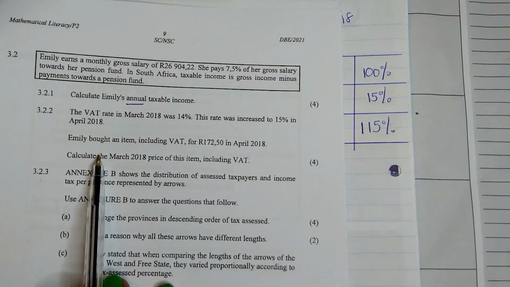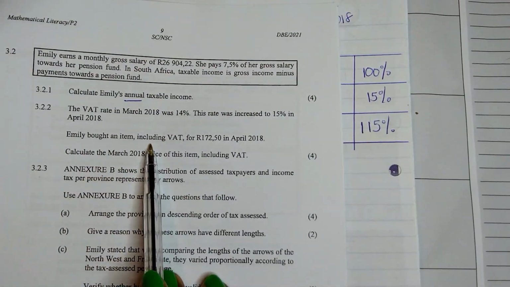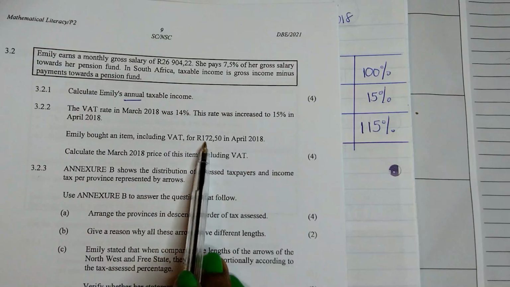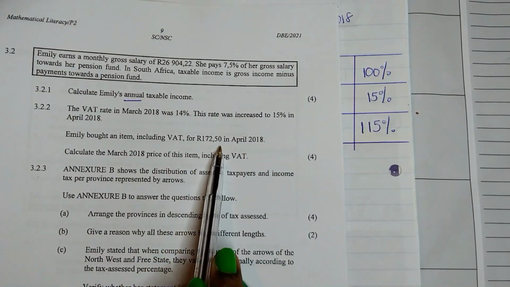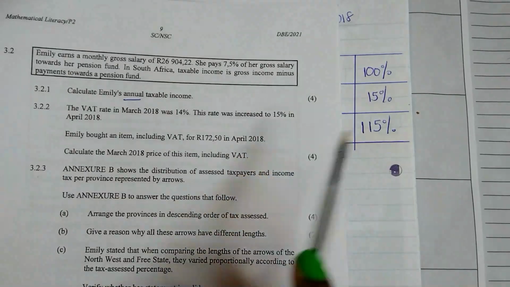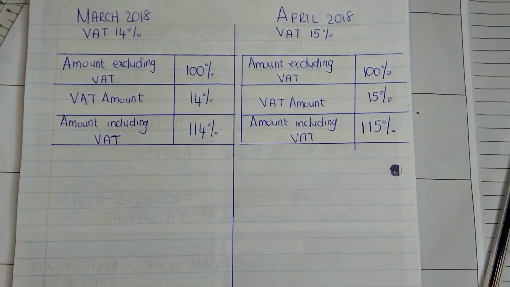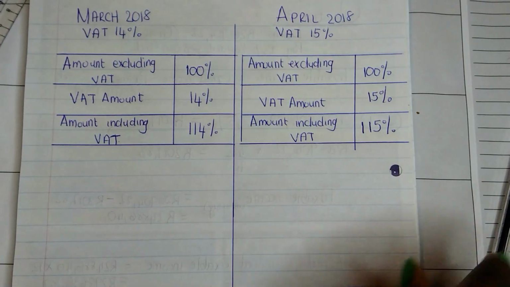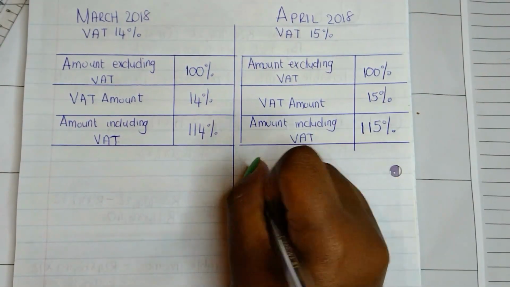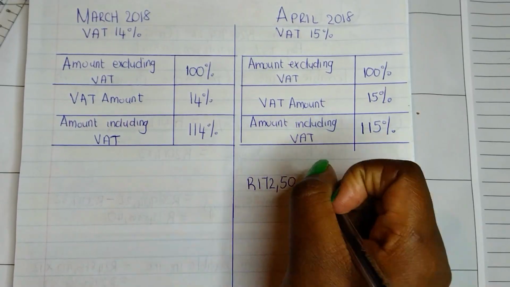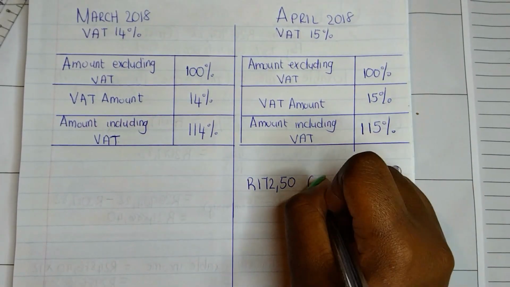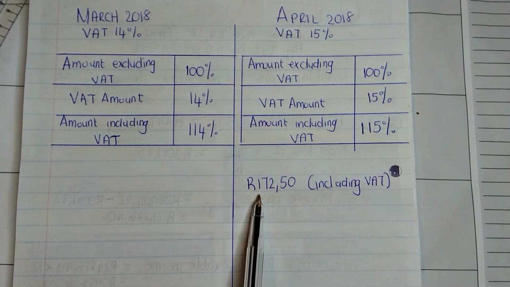We are told that Emily bought an item including VAT for 172.50 in April 2018. So we're going to go to April 2018, and we know that Emily bought an item for 172 rand and 50 cents, and this was including VAT, right? She bought this item, and it includes VAT.